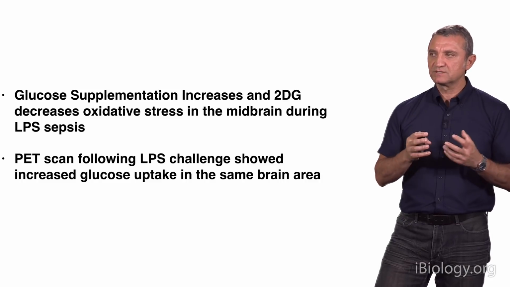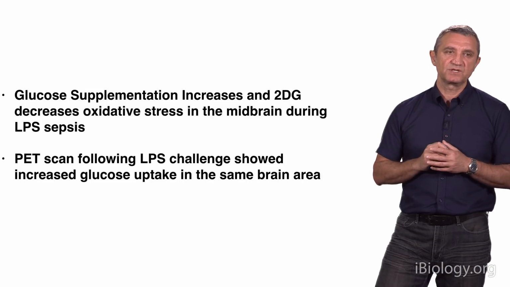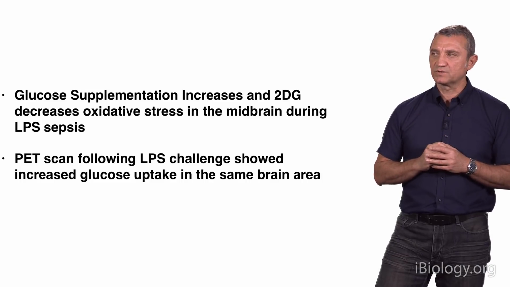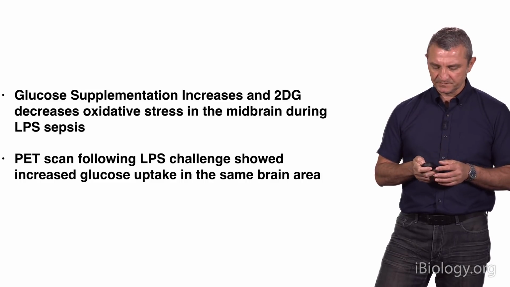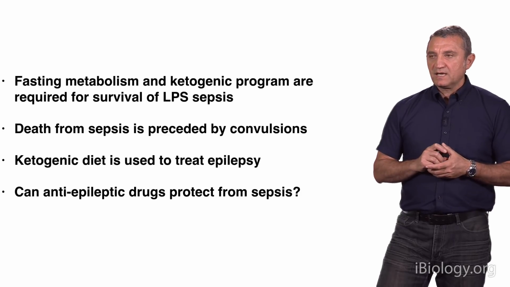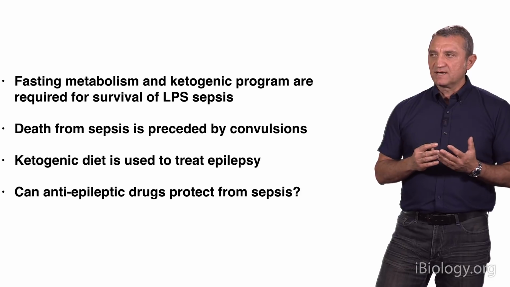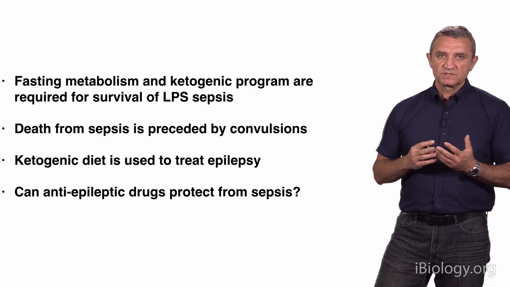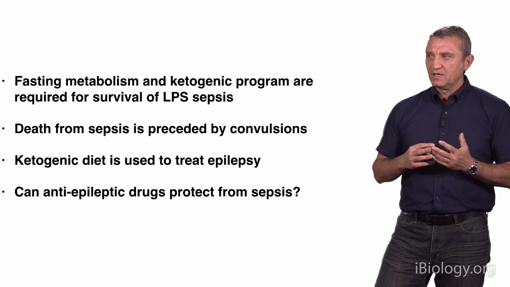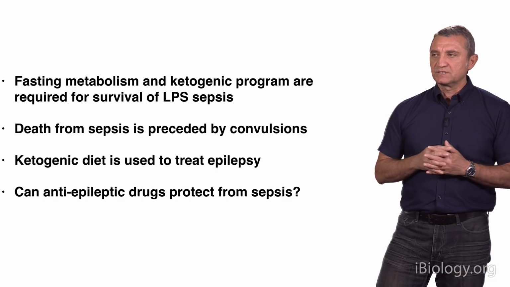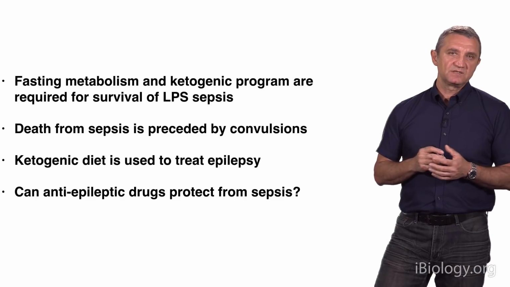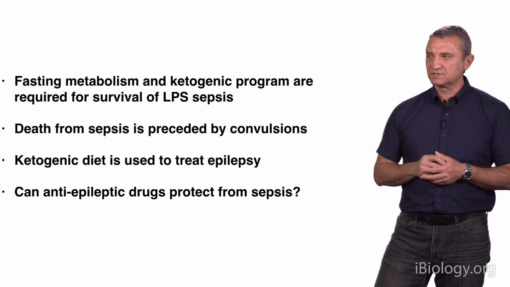So there was increased glucose uptake into this particular brain area where we also saw increased oxidative stress. What we concluded from that is that fasting metabolism and ketogenic programs are required for survival of LPS sepsis. We noticed also that the death from sepsis was preceded by seizures or convulsions.